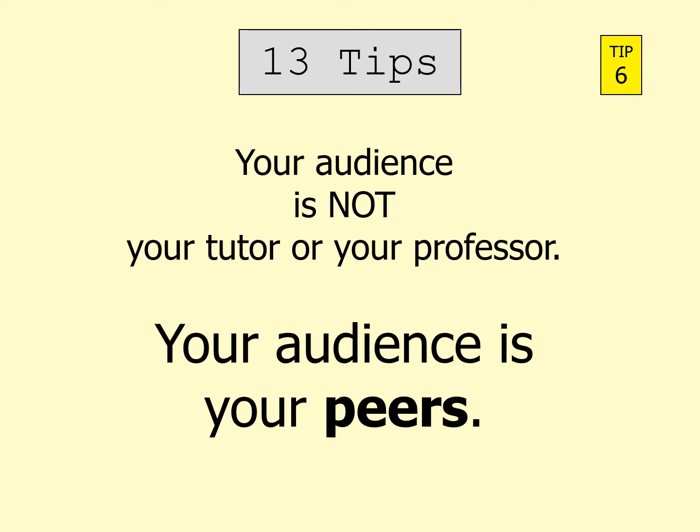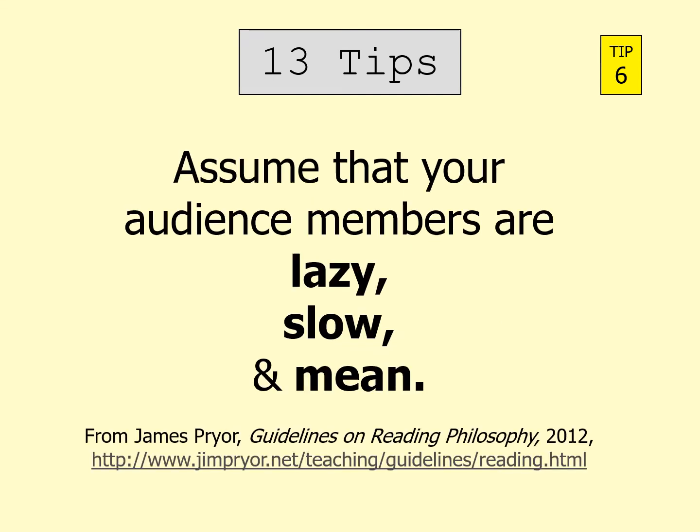In fact, the best paper you can write, according to philosopher James Pryor, would be one where you assume that your audience members are not only your peers, but also lazy, slow, and mean.